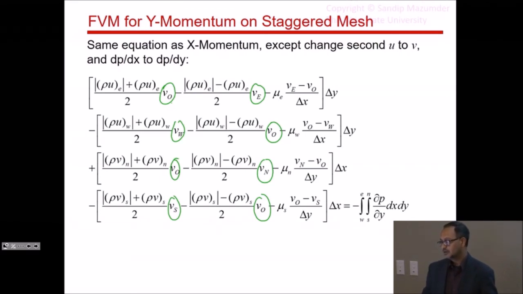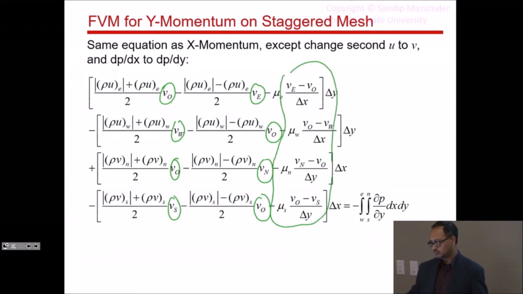And of course the diffusion, everything has changed there. U's became v's, and then the dp dx got changed to dp dy. But this front part here, no change, same.